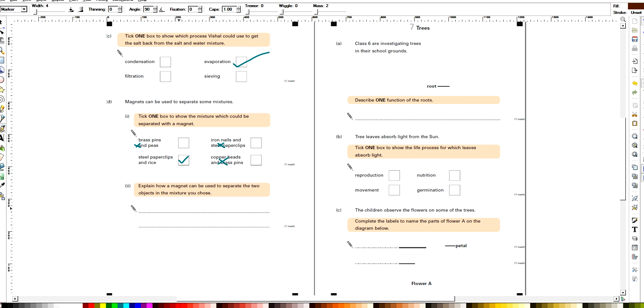So part D. We can say here, the steel paper clips will be attracted to the magnet, and the rice won't.